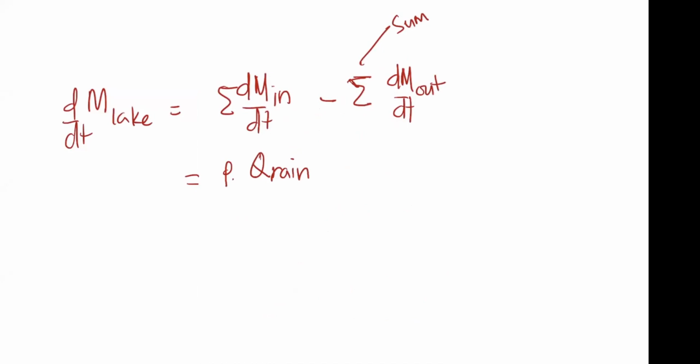So density of water times Q in, plus density of water times the flow rate of what's coming in as runoff. Then if I take the density common, you can write everything like this, minus Q infiltration that we are losing, and also minus Q evaporation.